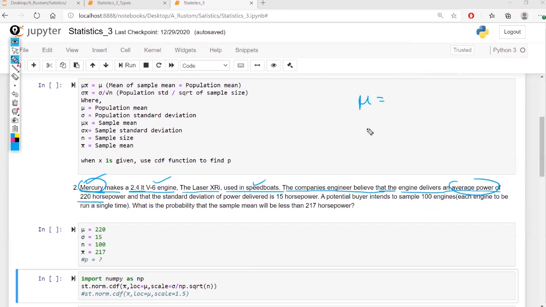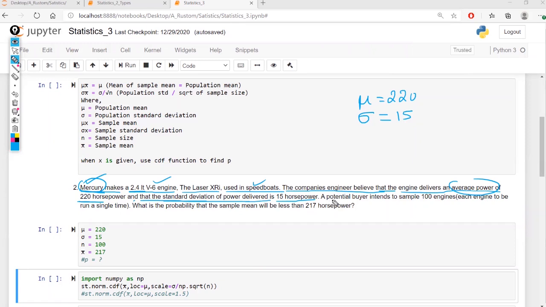So he is claiming 220 horsepower. And the standard deviation of power delivered is 15 horsepower. So he is claiming that the standard deviation, sigma, of power is 15.